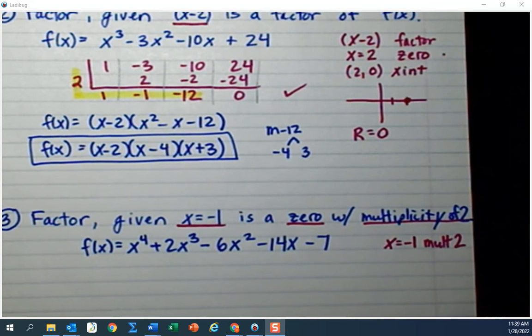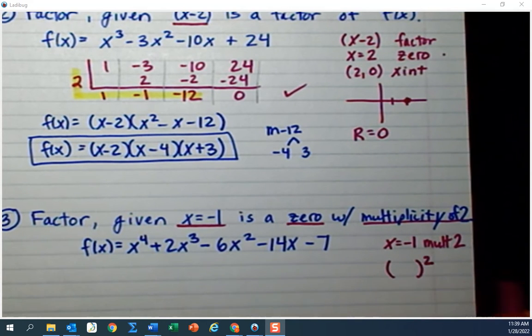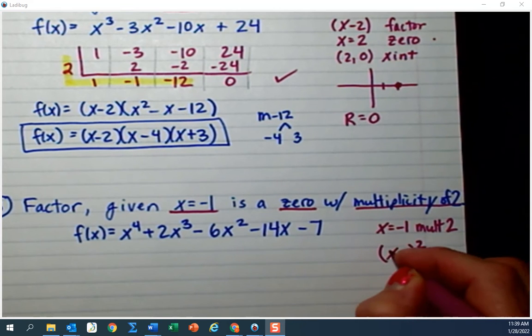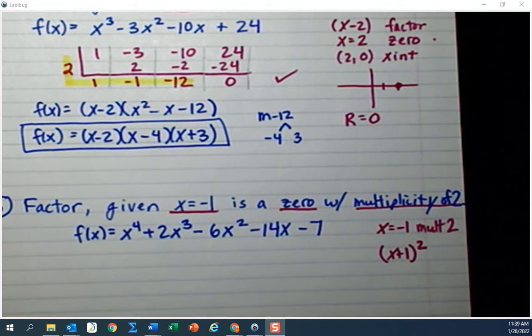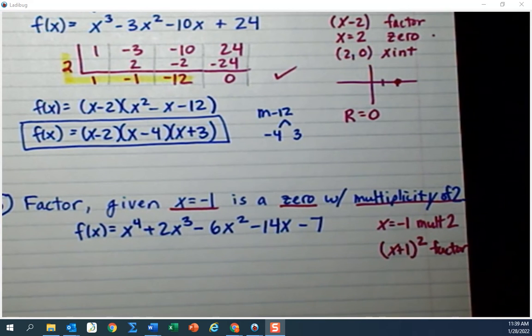Okay. What can you tell me about the factor? You can raise your hand. Yeah? X minus 1 squared. Almost. I do like that she said squared. X plus 1. x plus 1 squared is a factor because of the multiplicity of 2. Okay.